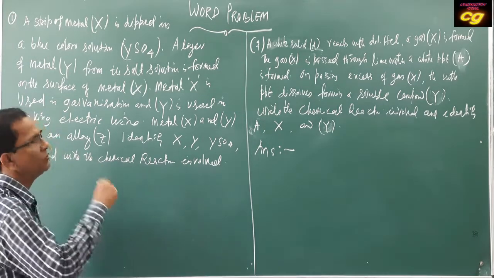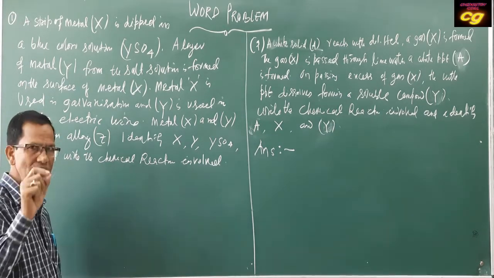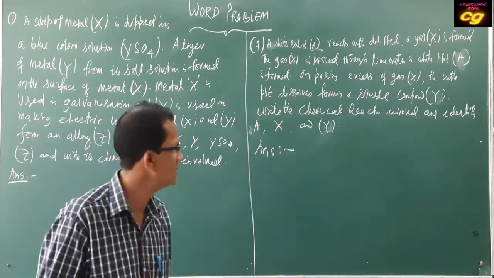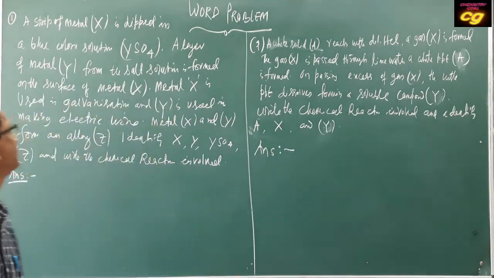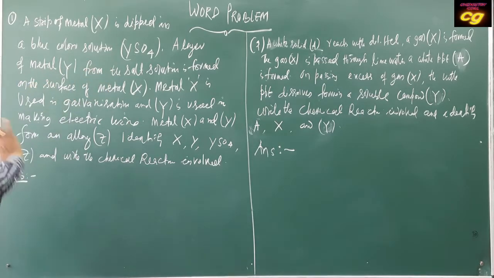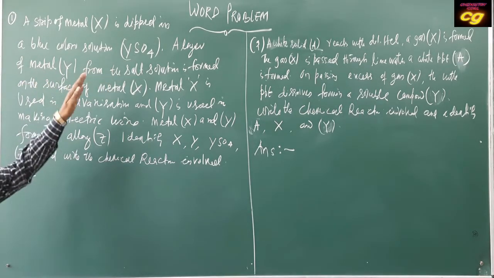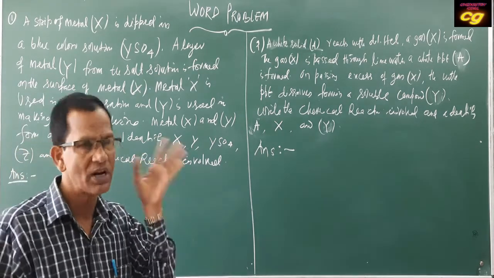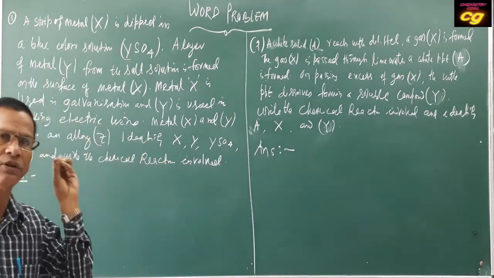Before attempting, read the question once or twice and get some hints from it. Then start writing. Here a strip of metal X is dipped in a blue color solution. Generally, for a blue color solution we use copper sulfate. That is an important hint.